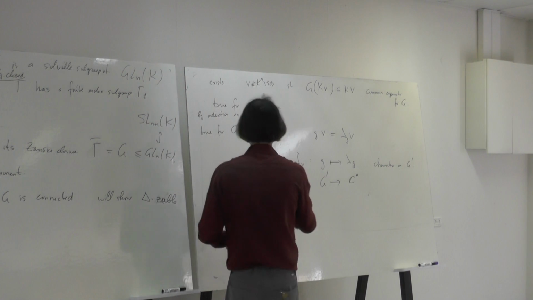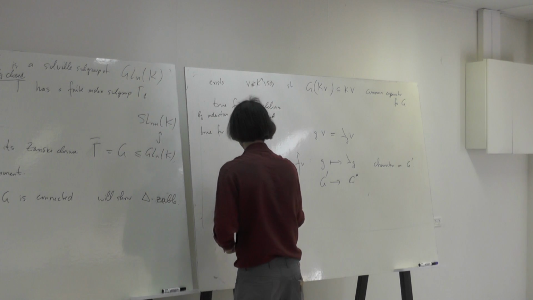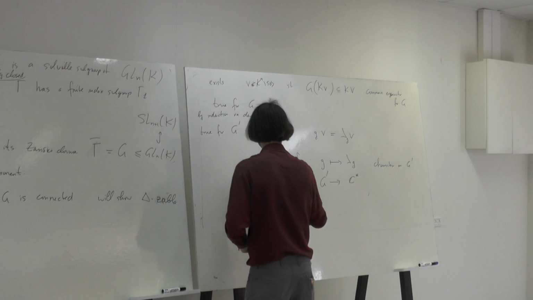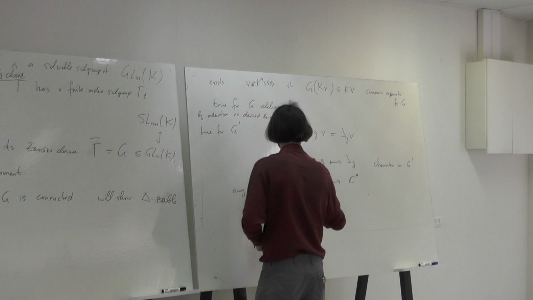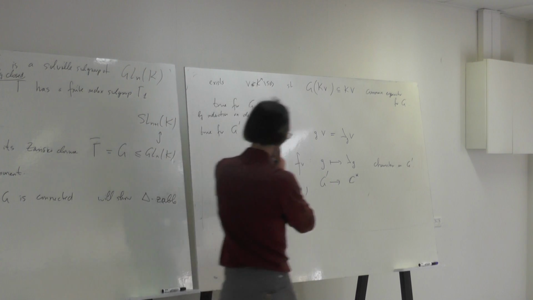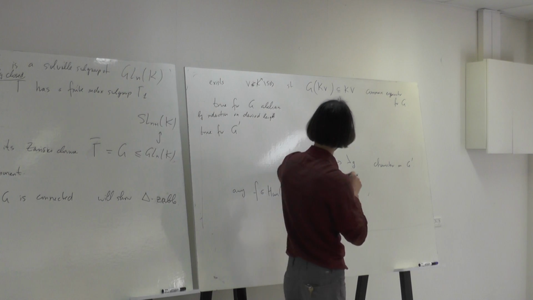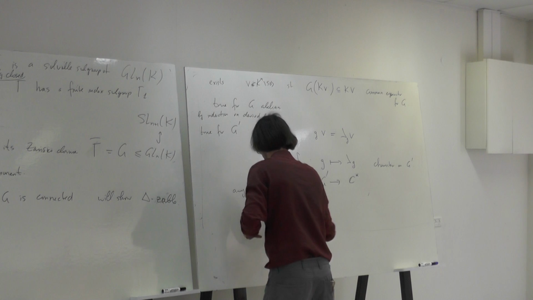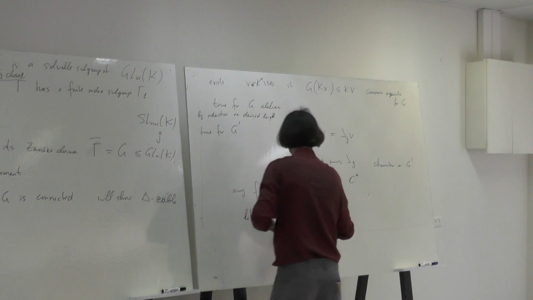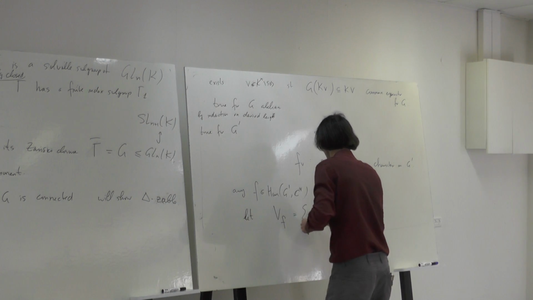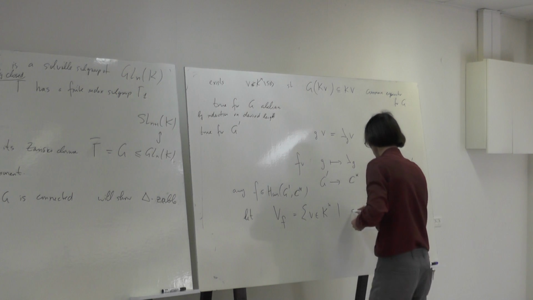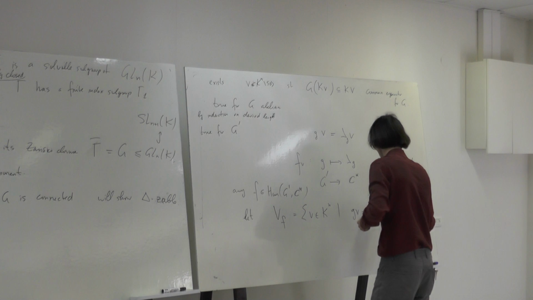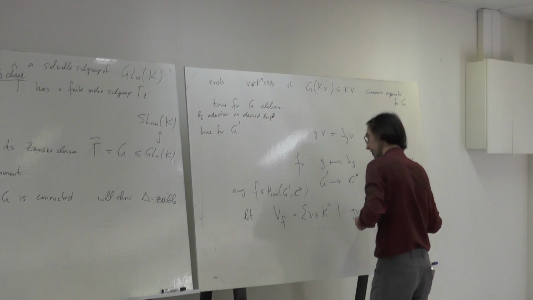And then for any character f in Hom(G prime, C star), we can define the eigenspace which gives this character. Let V_f be the set of all v in K^n such that gv is equal to f(g)v.